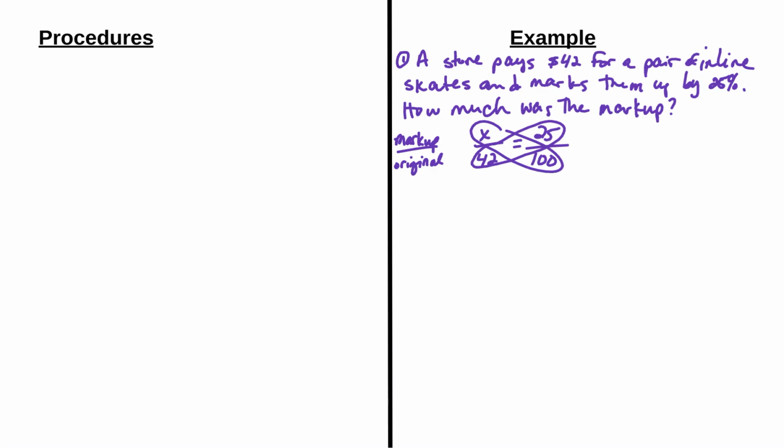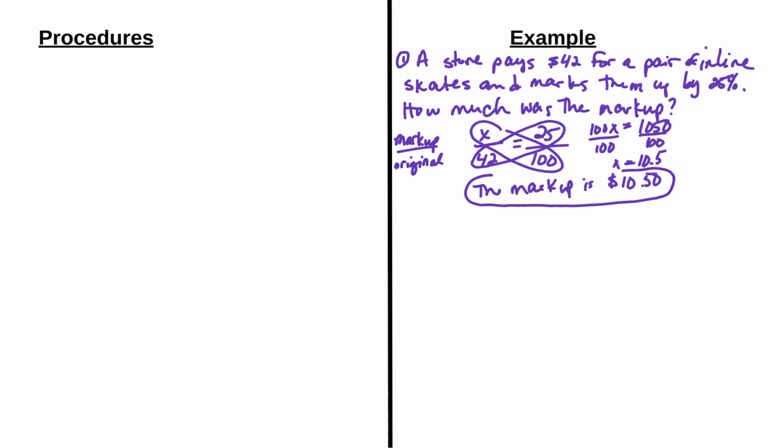questions. So we have 100x equal to 1,050, and when we divide both sides by 100, X is 10.5. So the markup is $10.50. That's the actual answer.